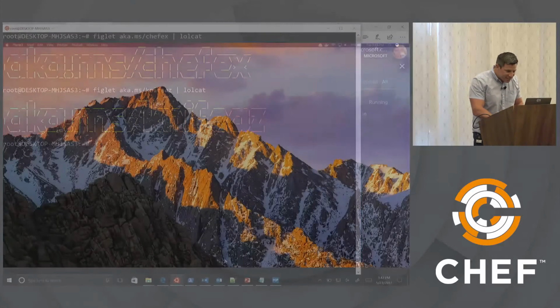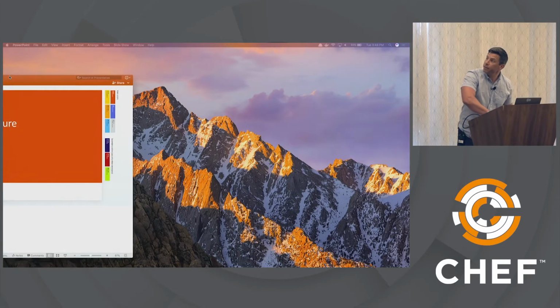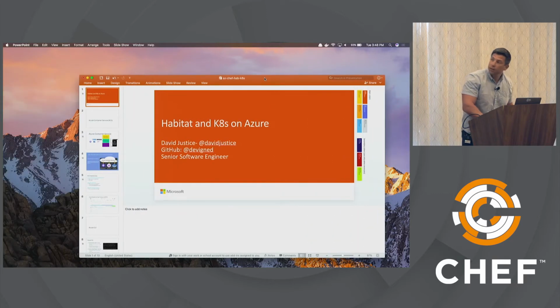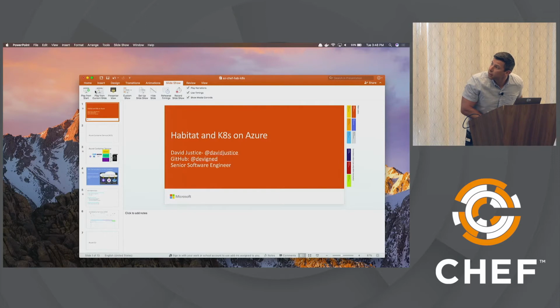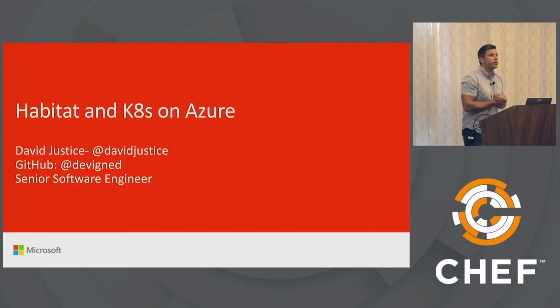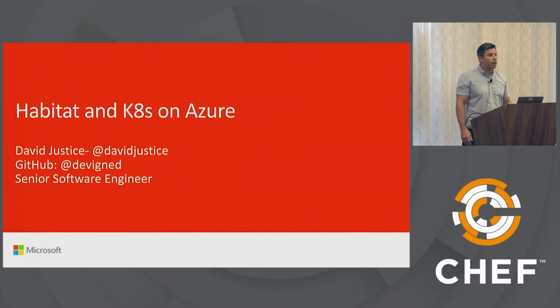Let me get this set up. We're going to have a few slides here, but we aren't going to spend too much time in slides. What I'm going to show you today is we're going to build out Azure Container Service infrastructure using Kubernetes in Azure Container Service.